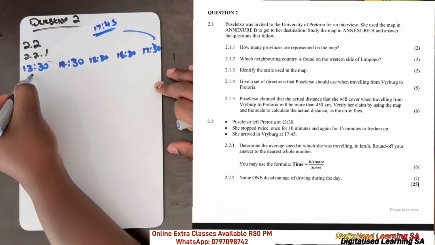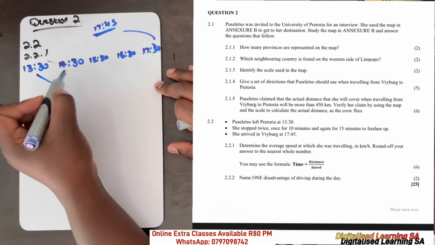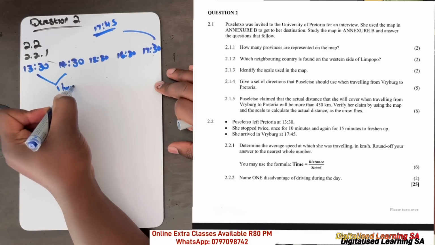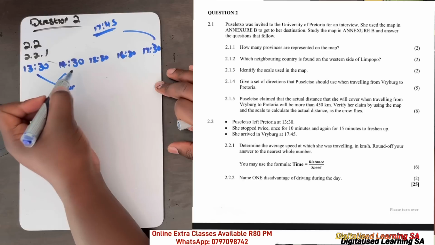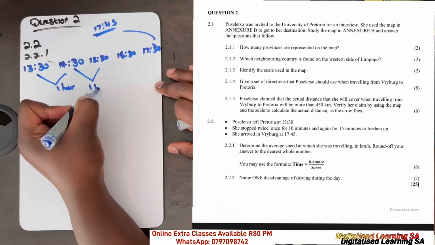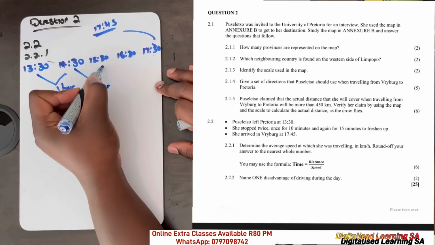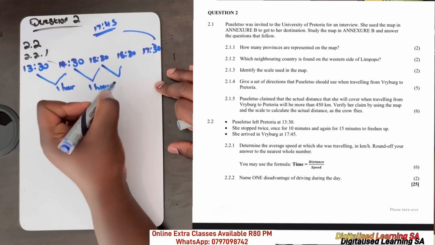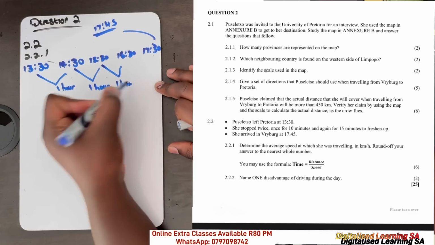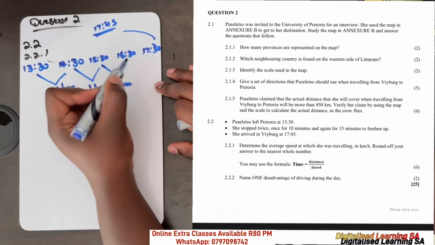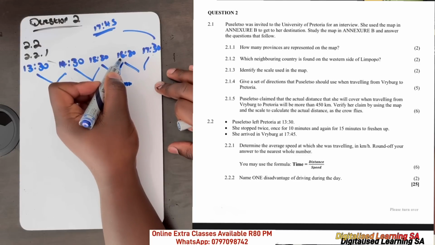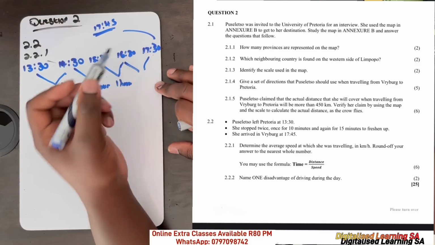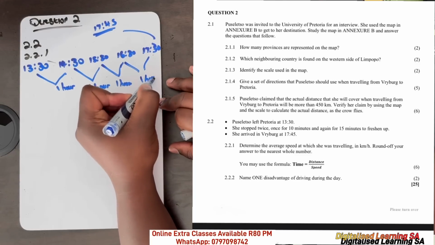So from 1:30 to 2:30, that's 1 hour. From 2:30 to 3:30, another 1 hour. From 3:30 to 4:30, another 1 hour. And from 4:30 to 5:30, another 1 hour.